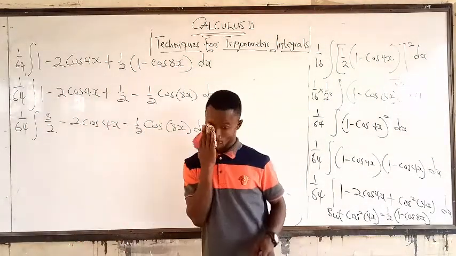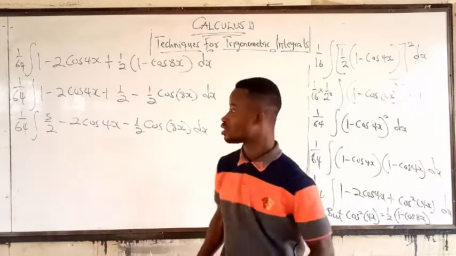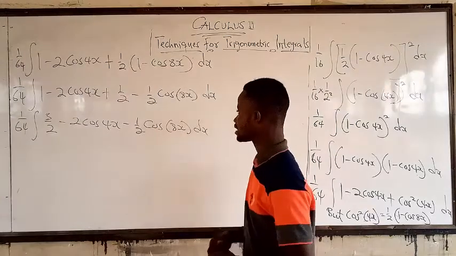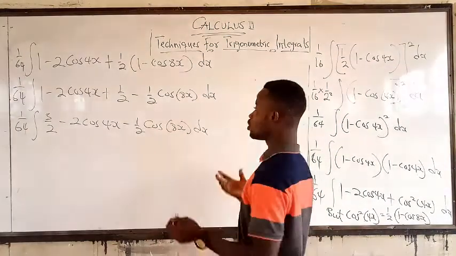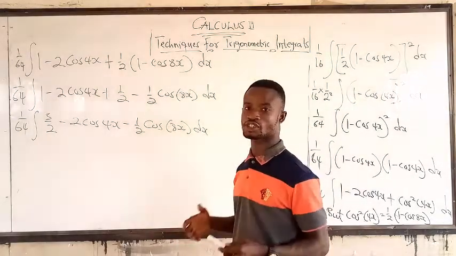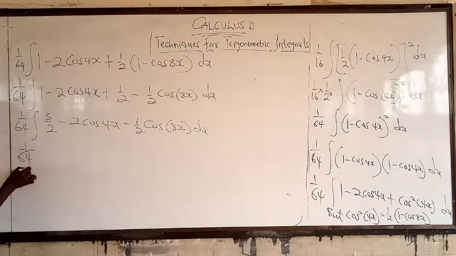Alright. So here we can see that we don't have any line terms here. So we can now integrate each term. So this 1 over 64 will be blocking here.